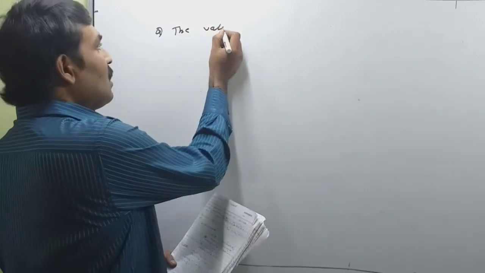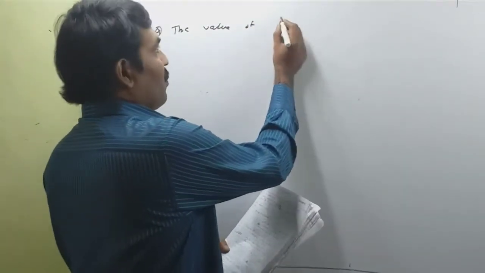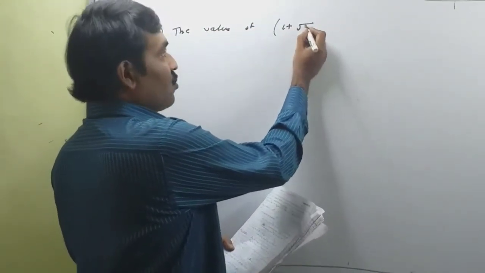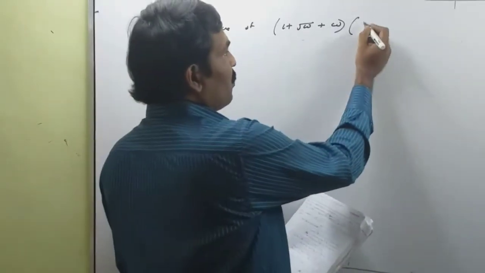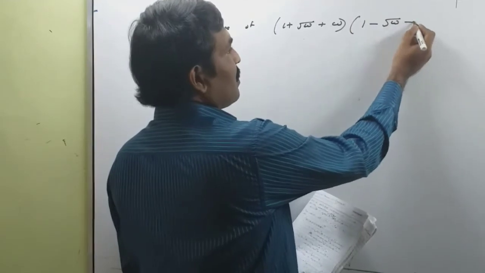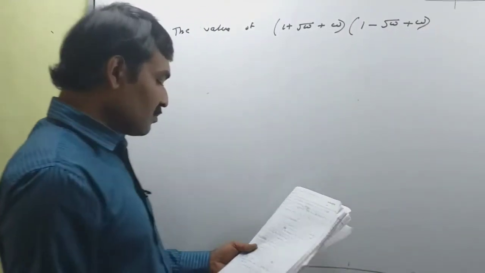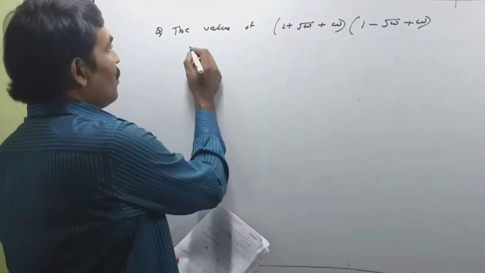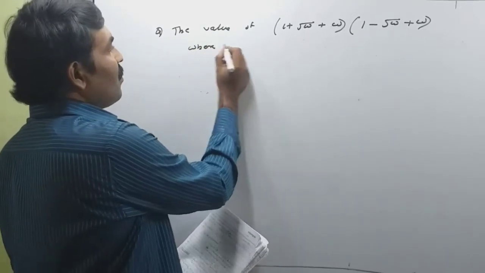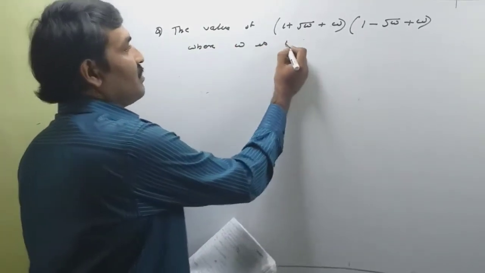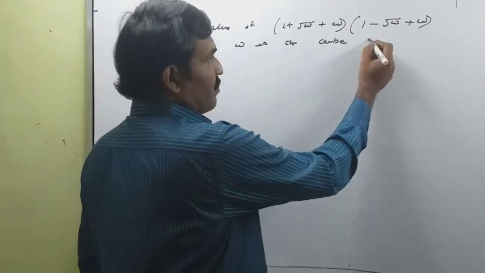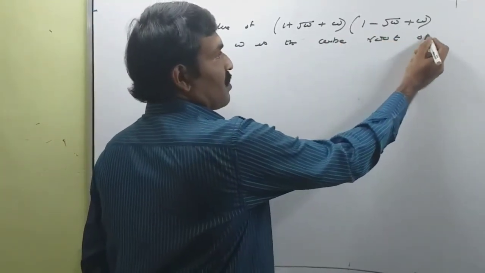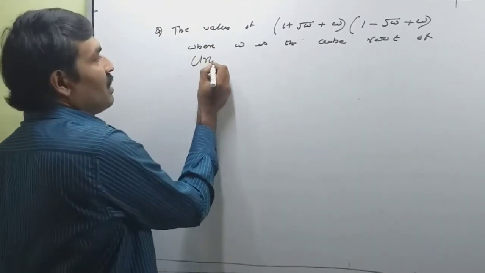The value of 1 plus root omega plus omega into 1 minus root omega plus omega, where omega is the cube root of unity.